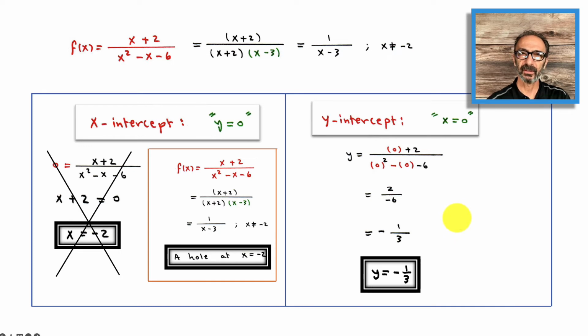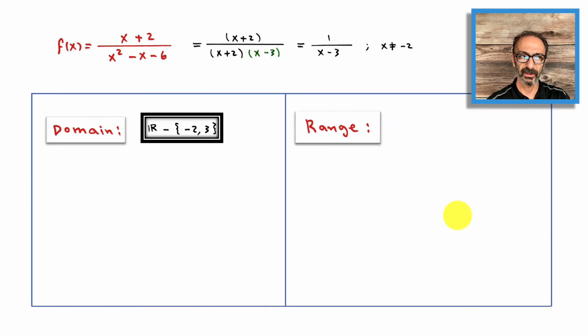Let's talk about the domain and range. Usually, most math books focus on the domain for rational functions, but I believe it's interesting to talk about the range also. So the domain is all real numbers except the values that will cause the denominator to be 0.